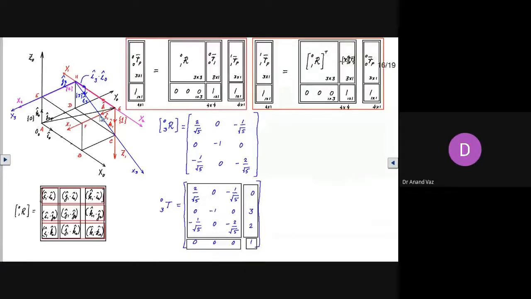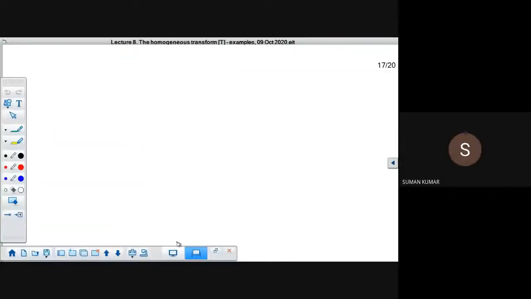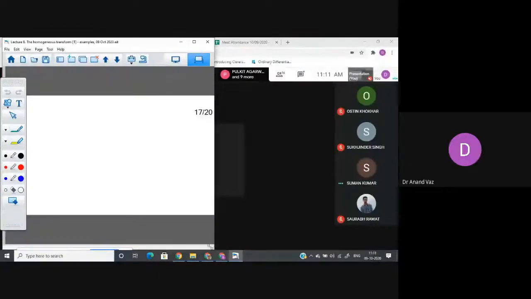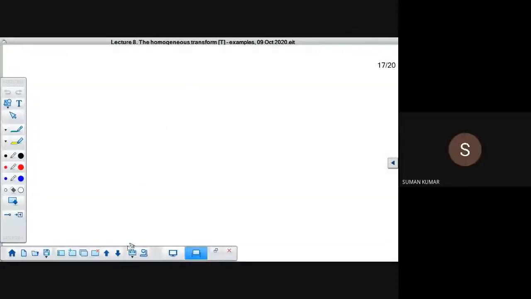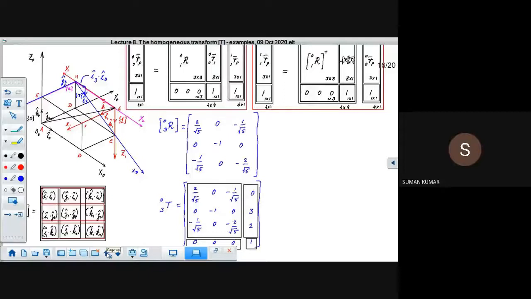Anybody having any difficulty, you can ask me. Please go ahead. Sir, how does the x coordinate come 0 in the third frame? You see, this frame 3 is this blue frame.